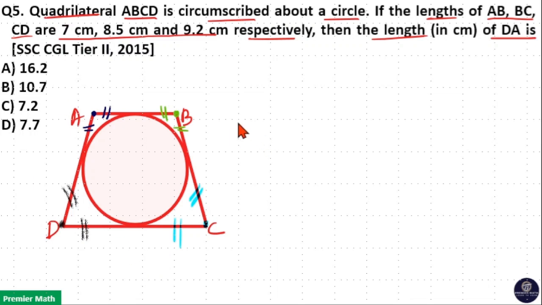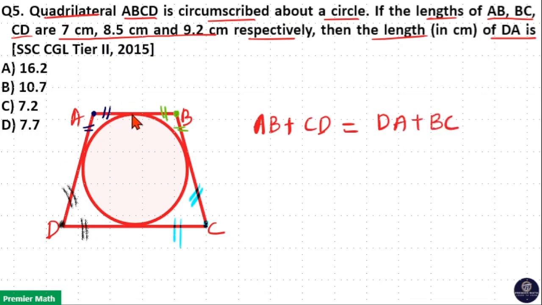Which means, here if you add AB and DC together, that is AB plus CD equal to DA plus BC.